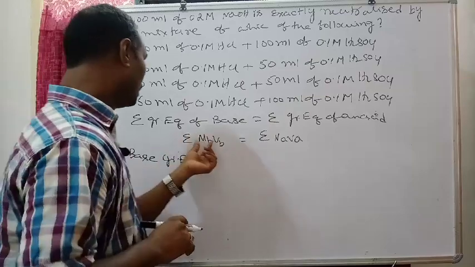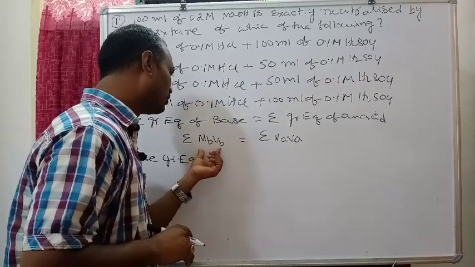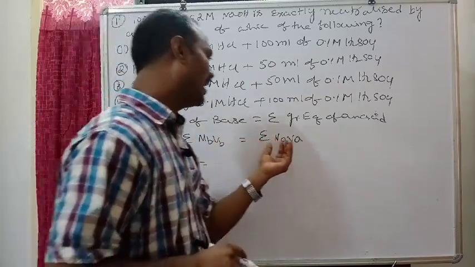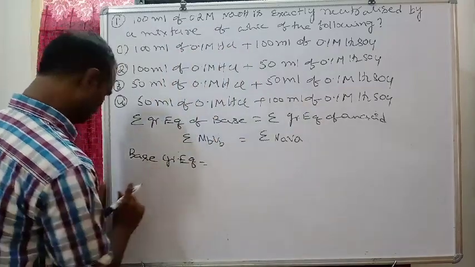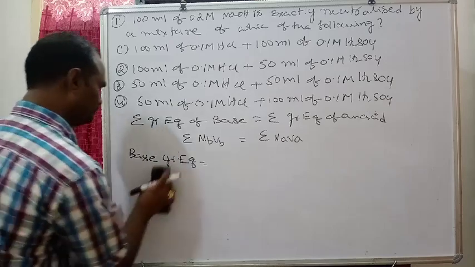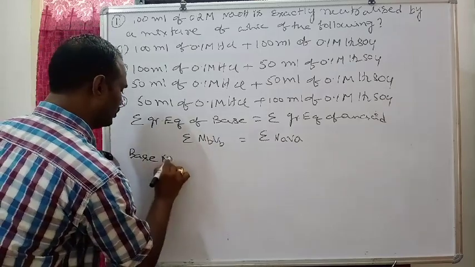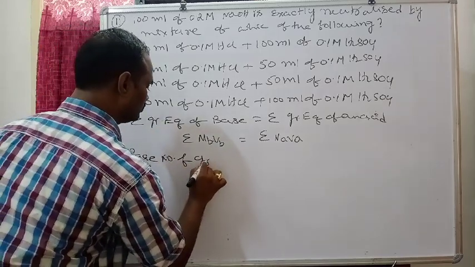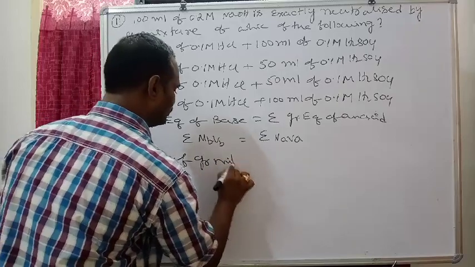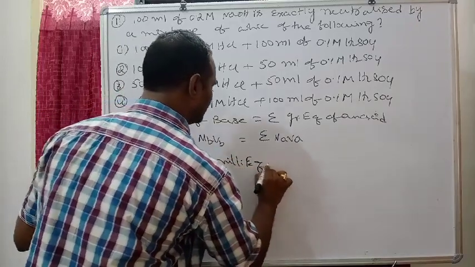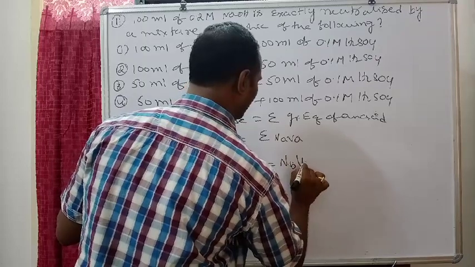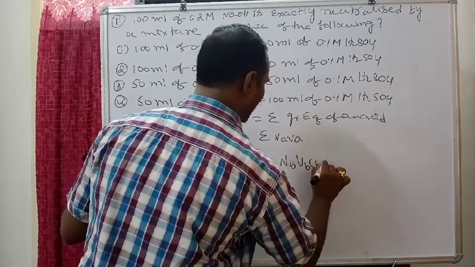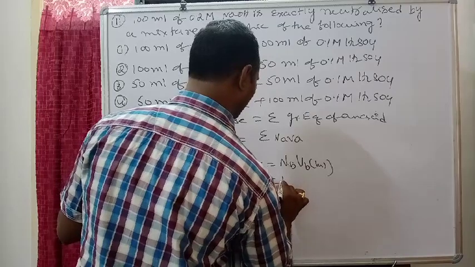Number of milli equivalents of base equals number of milli equivalents of acid. For base, number of milli equivalents is equal to NB VB, here volume in milliliter.